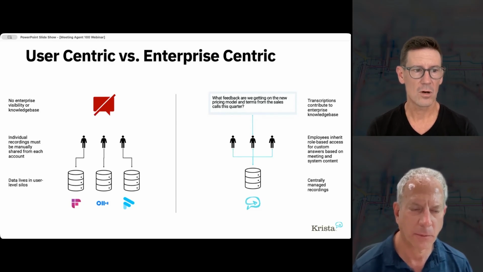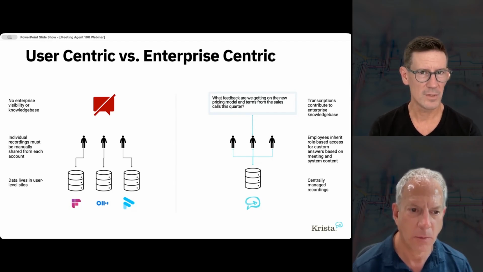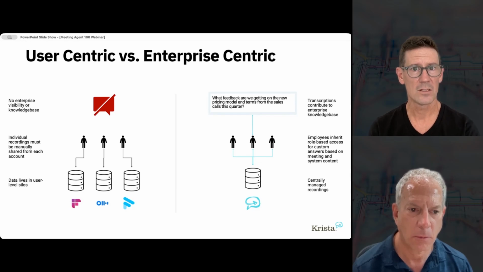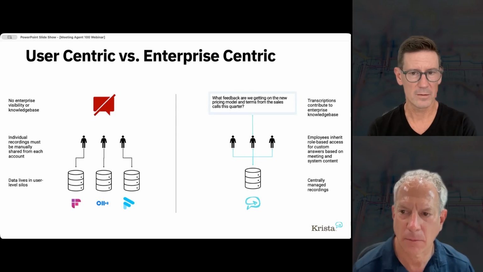But searching across data is very, very difficult, and it's very difficult to get the content from several of these accounts into one place. I think they've done a good job of not letting you do that. But Krista is 180 degrees from that, right? Everything is recorded in one central location that enables you to build your brain.